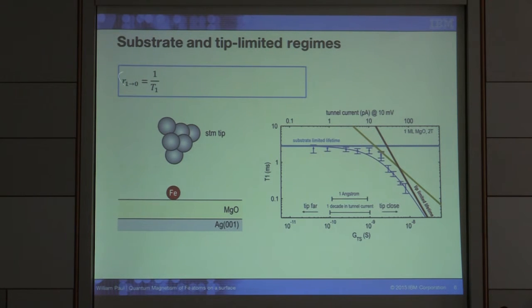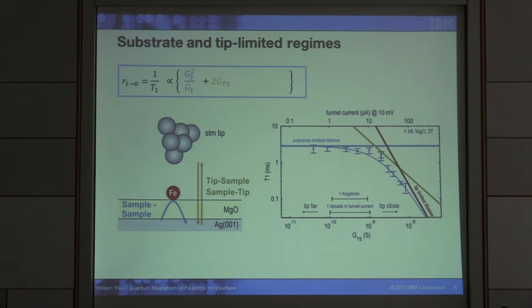The rate out of the excited state, which is just 1 over the lifetime, is proportional to these various conductances. The first one is a constant of the surface itself, so that's sample-to-sample scattering. And that gives us a substrate-limited lifetime. This is our plateau value, which we take as intrinsic to iron on this surface.